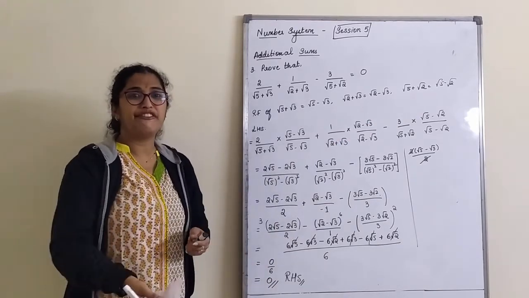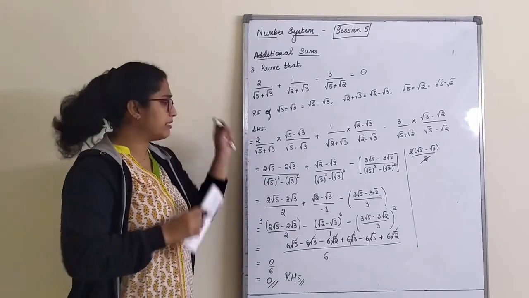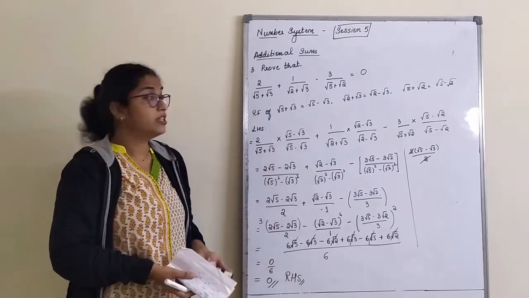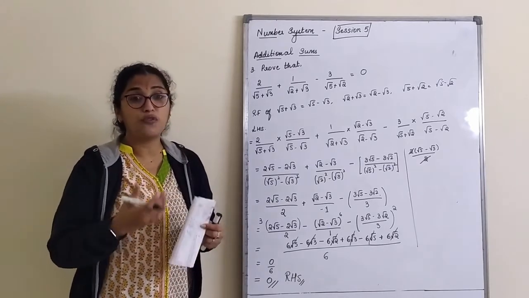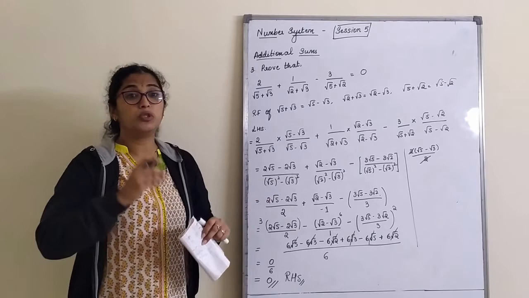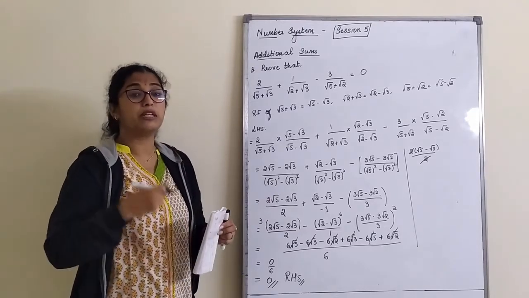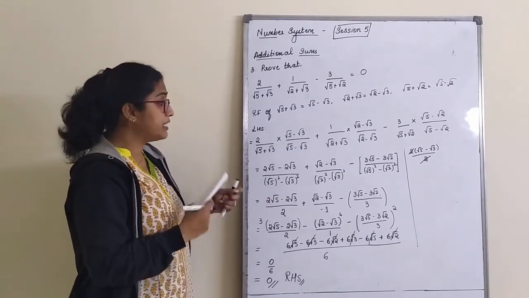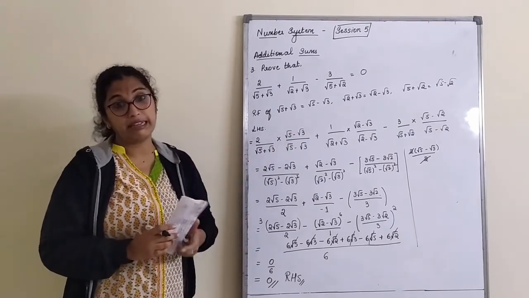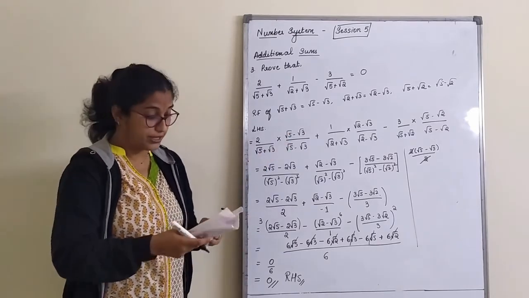There are so many different things. I have done the old traditional method: do as it is, then take the LCM and do anything. It's up to you. So now you have an idea of how to solve these types of sums. You can try this. Do not stick to what we usually do on the board. You can also try your own things by changing it, but correctly. You can also try it like this by taking common and doing it.